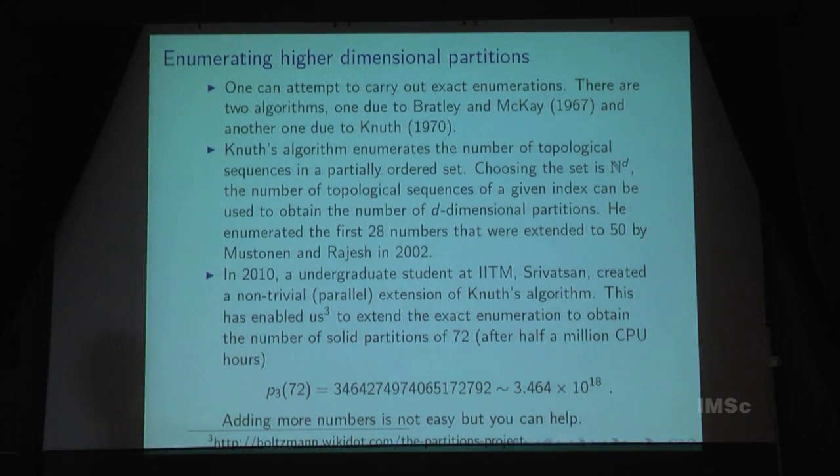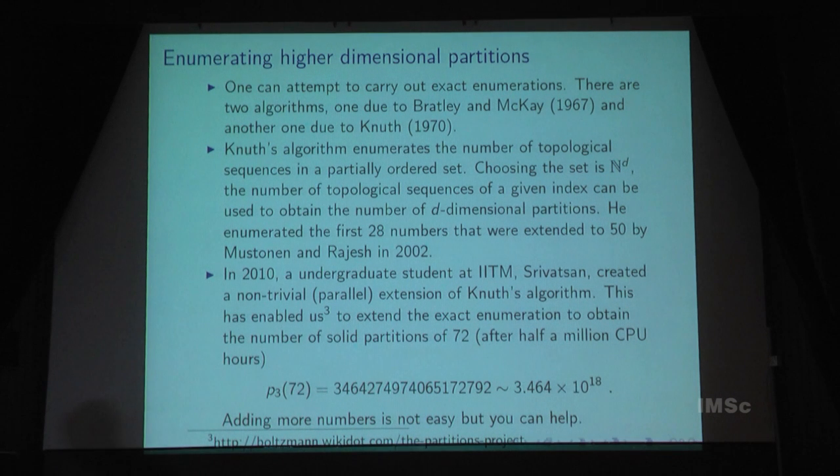And Srivatsan, who is sitting there in the audience, liked this paper, and immediately he wrote a program, and he said, "Sir, it works very well." I said, "Yeah, what is this thing? What is the solid partition of 20?" He said, "Oh, it gives it like this." At 25, it was not working. I said, "This is not good enough. You have to do something. Rajesh and co have done 50. We at least have to do one number, 51."